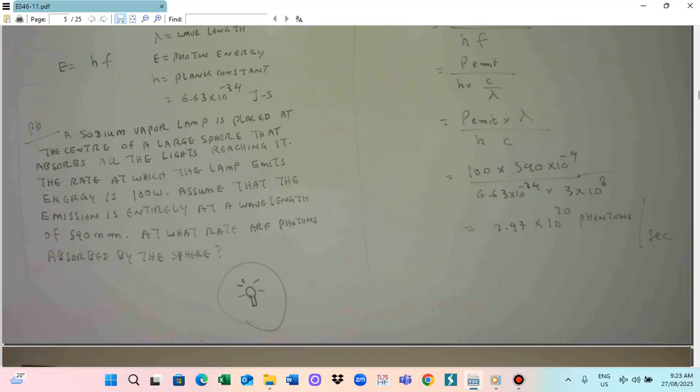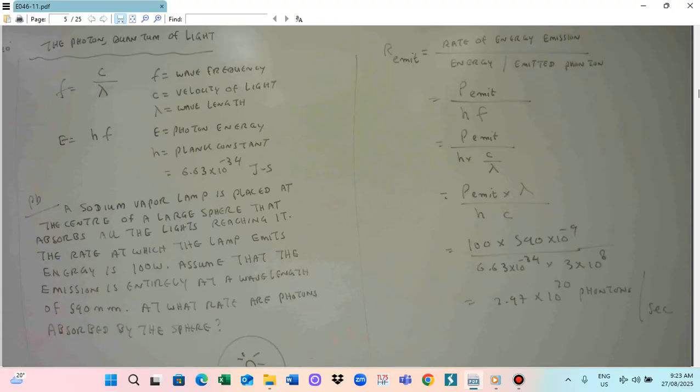We can calculate this. The rate of energy emission is the rate of change of energy, the power.